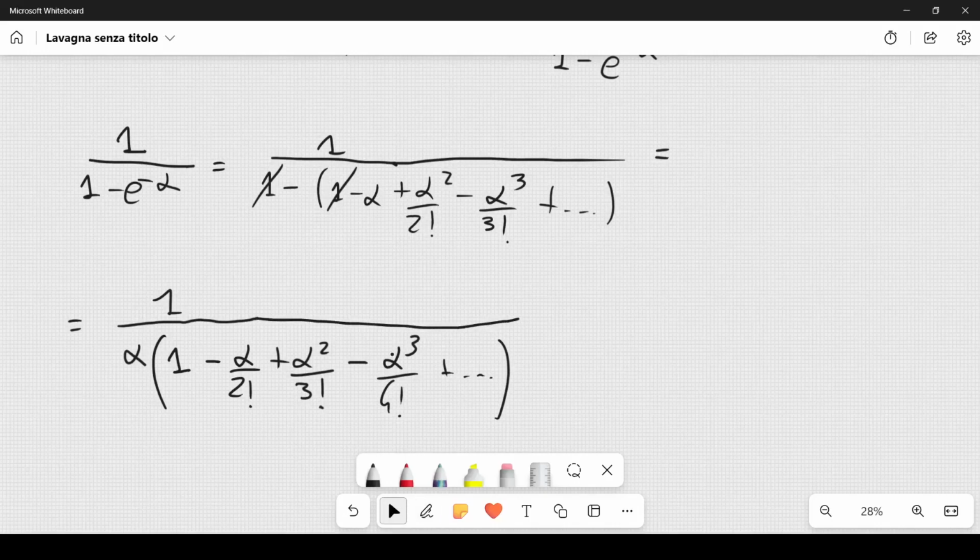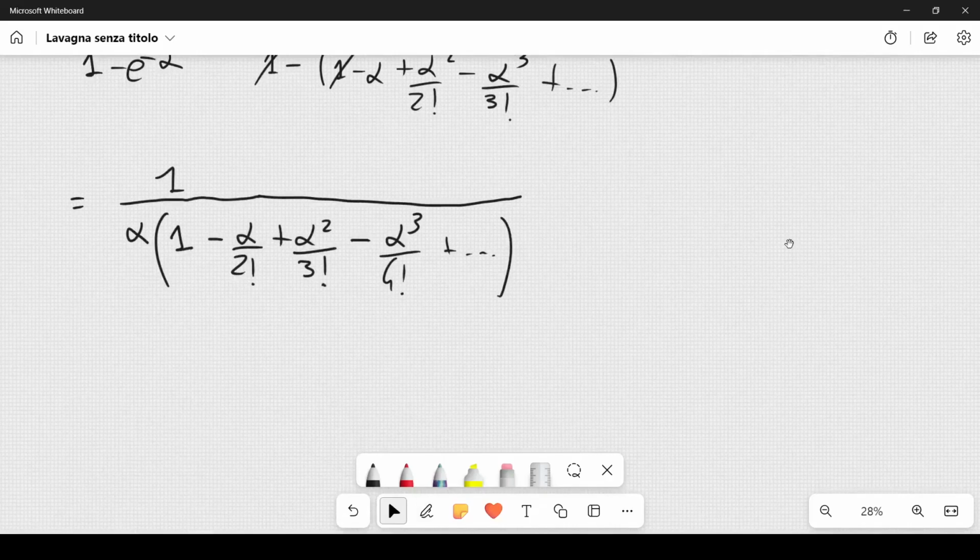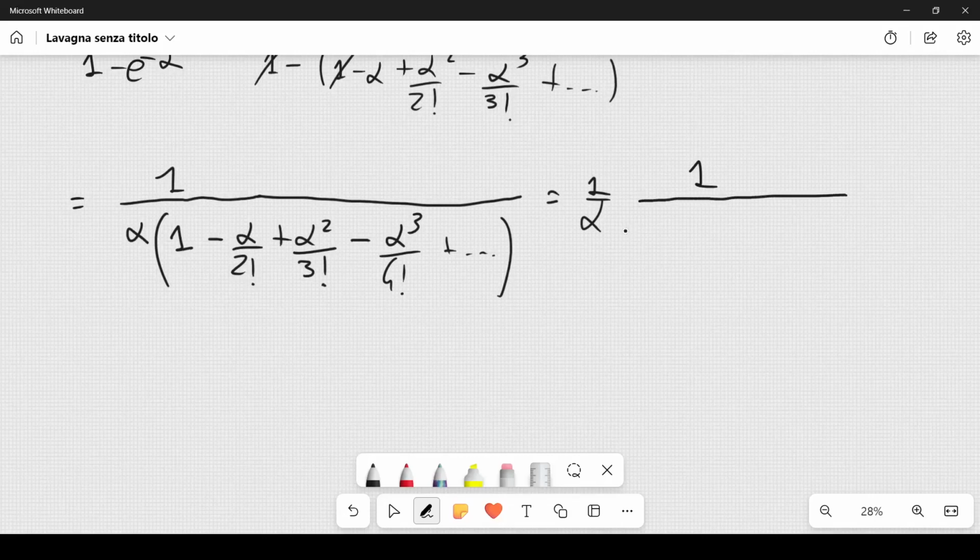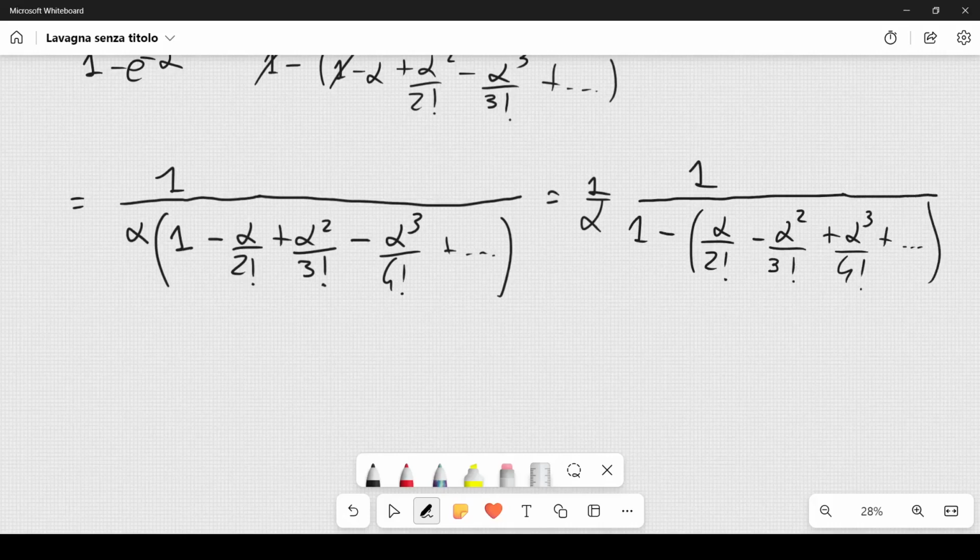So I can factor out 1 over alpha here, so I have 1 over alpha, which multiplies 1 divided by 1 minus alpha over 2 factorial minus alpha squared over 3 factorial plus alpha cubed over 4 factorial plus dot dot dot. So you understand the pattern.